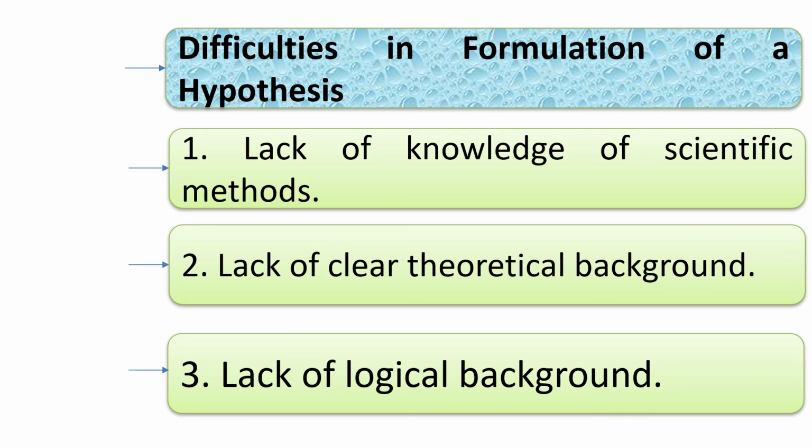Next point is lack of logical background. Hypothesis not only lacks a definite and clear theoretical background, it is also lacking in the logical use of theoretical material available. This means that there is no logical background.